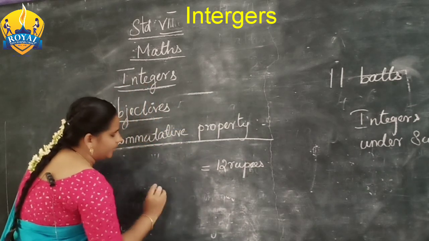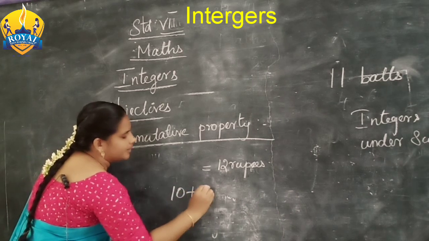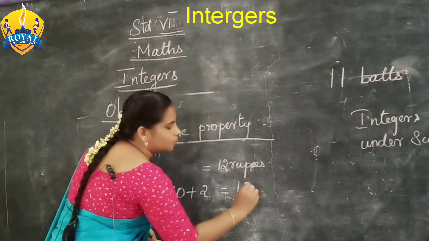Again we can write it as 10 plus 2, which is equal to 12.